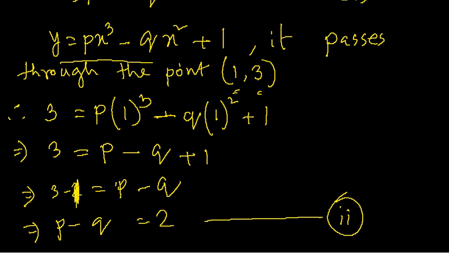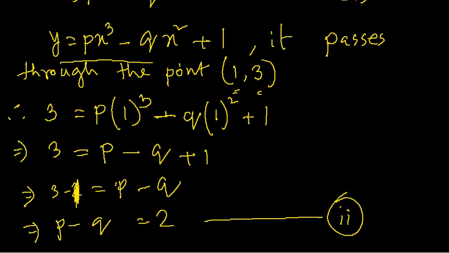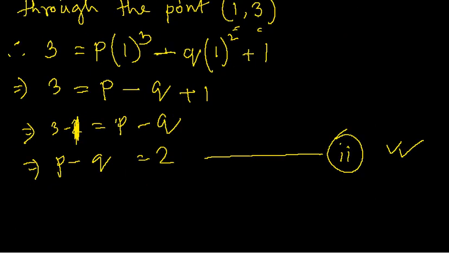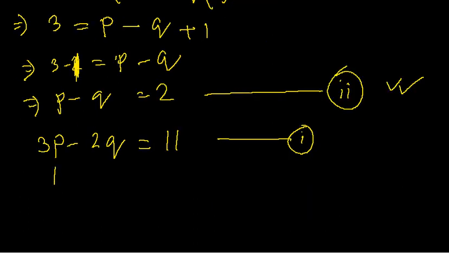Now if we solve these two equations simultaneously, we will get the values of p and of q. First of all we will copy these two equations: 3p minus 2q equals 11, this was equation 1, and equation 2 is p minus q equals 2.